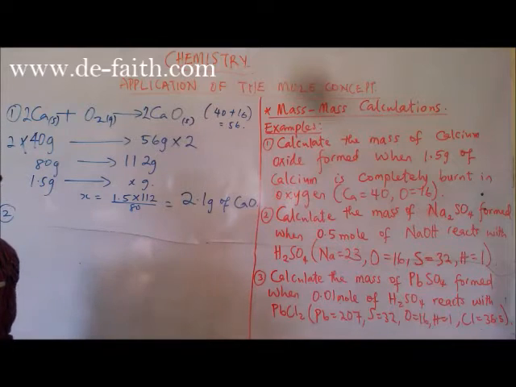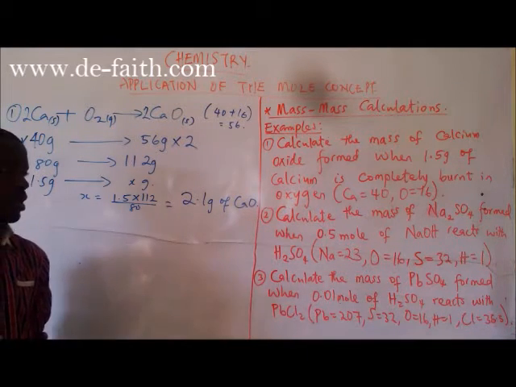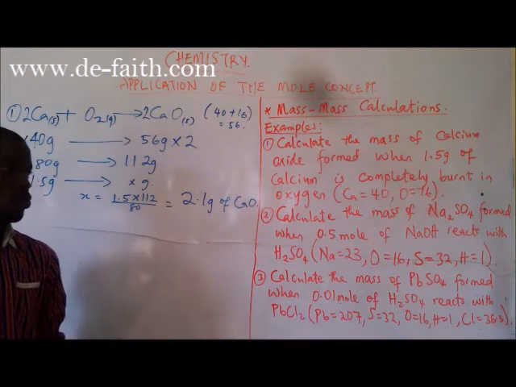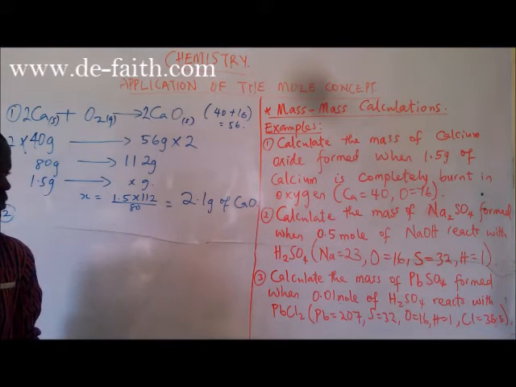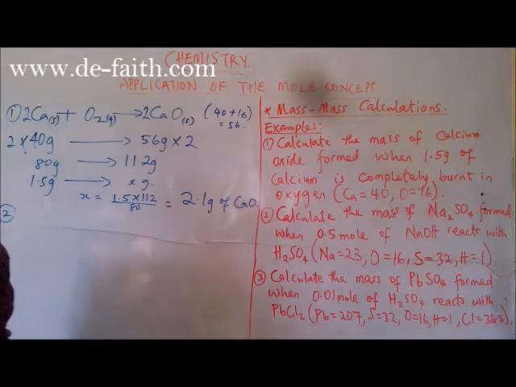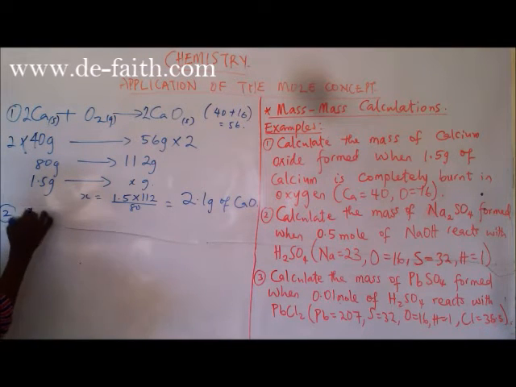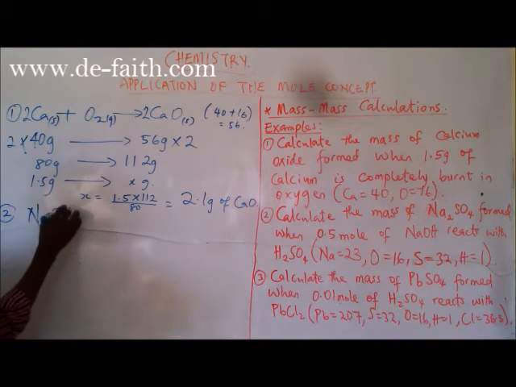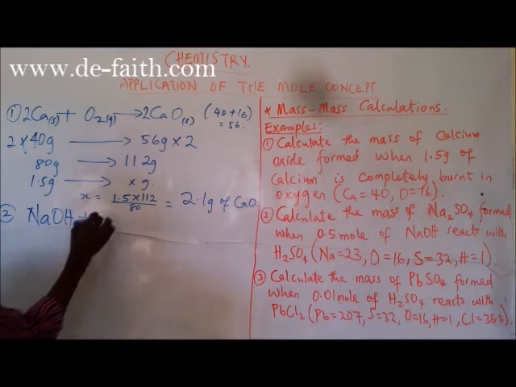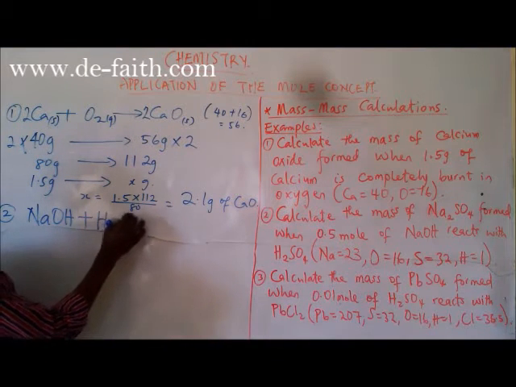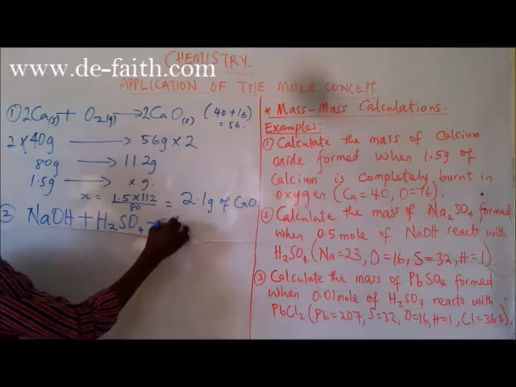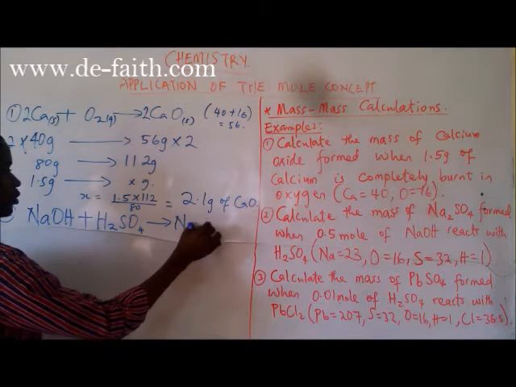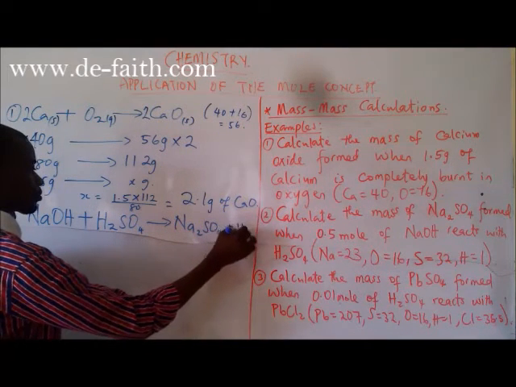Example 2. Calculate the mass of sodium tetraoxosulfate 6 formed when 0.5 mole of sodium hydroxide reacts with tetraoxosulfate 6 acid. Now this is a neutralization reaction where we have sodium hydroxide plus H2SO4 to give salt and water.